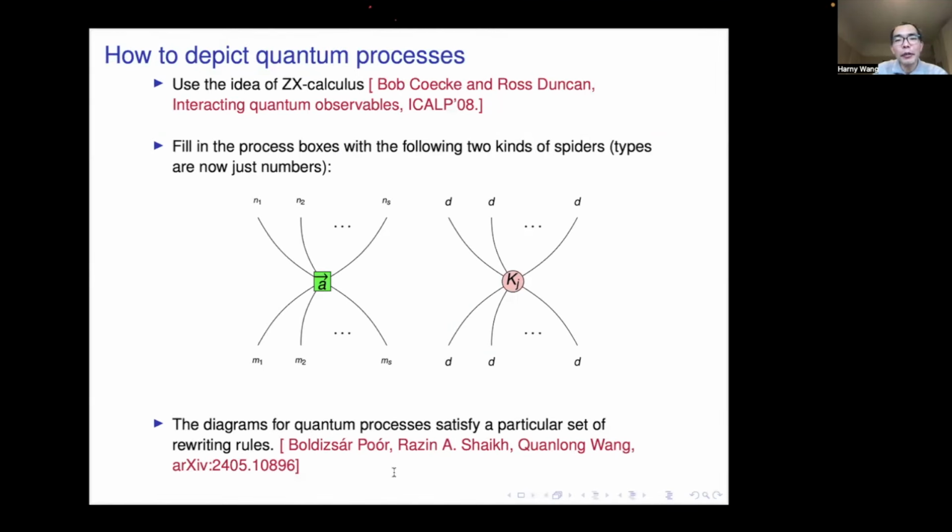Here we can represent any matrix of any size, m times n, because for qubits the corresponding matrix is a power of 2, right? 2 to the m times 2 to the n. Here you can do any dimension, m times n.